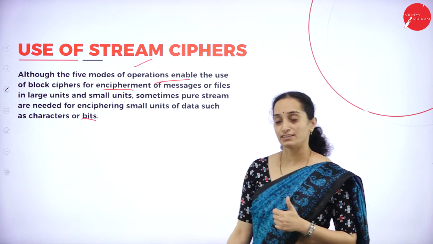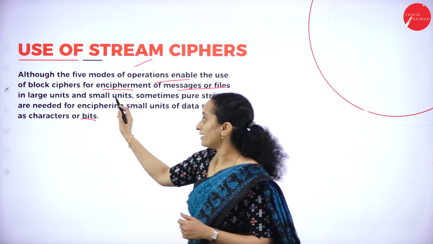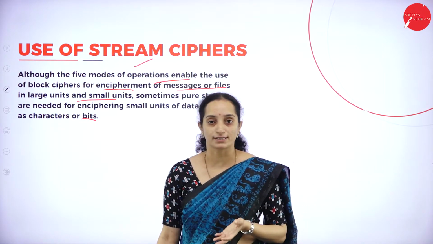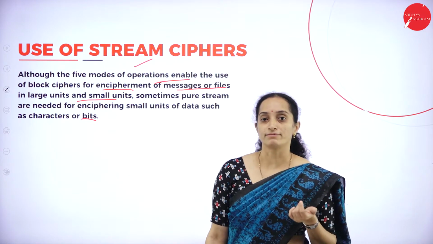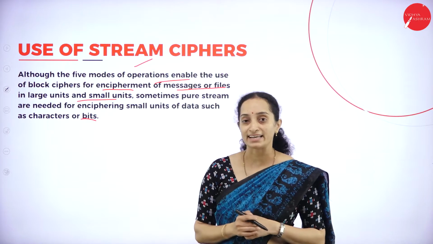Block ciphers for encipherment can be used for messages or files which are in larger units: paragraph-wise, page-wise text has to be sent, longer videos and audios, images with higher resolution.